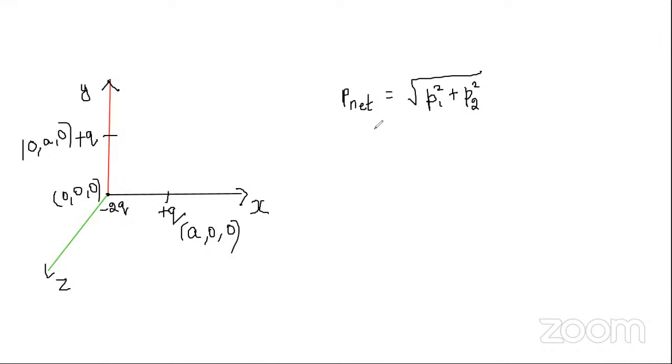P1 means you can consider any one of the dipoles here, this minus q and this plus q, and P2 is one more minus q and this plus q. So considering this, you can find out P1 and P2, then consider the squares, add the two squares, and then take the square root. This is according to the vector form.